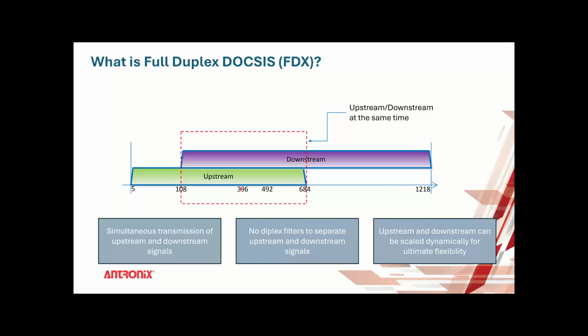And the upstream and downstream can be scaled dynamically for ultimate flexibility. So as you have different segments of your node that require more downstream, FDX can configure that for more downstream. You configure more upstream if needed. So this can be dynamically scaled based on needs.